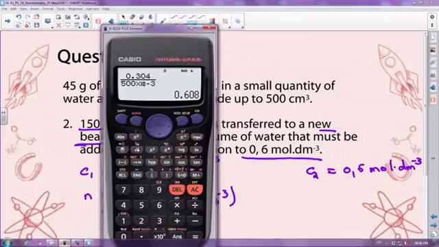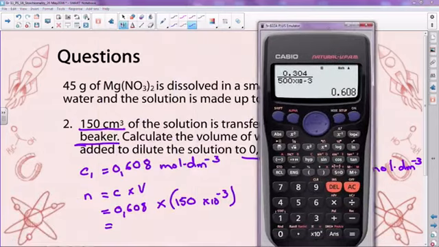I'm going to put it onto my calculator quickly and let's see what we've got here. 0.608 multiplied by, I'll use my brackets again, 150 times 10 to the minus 3.